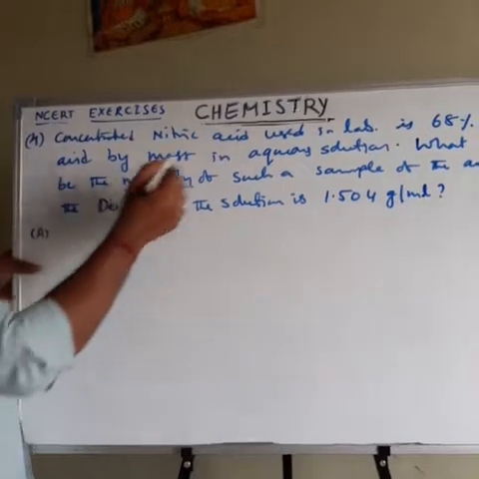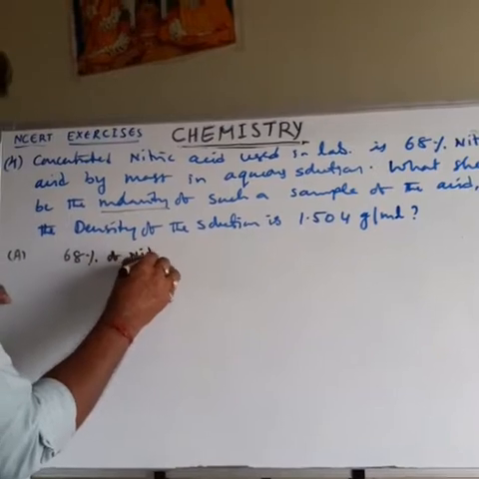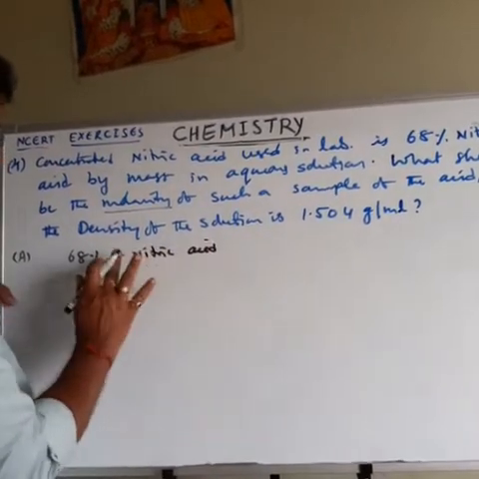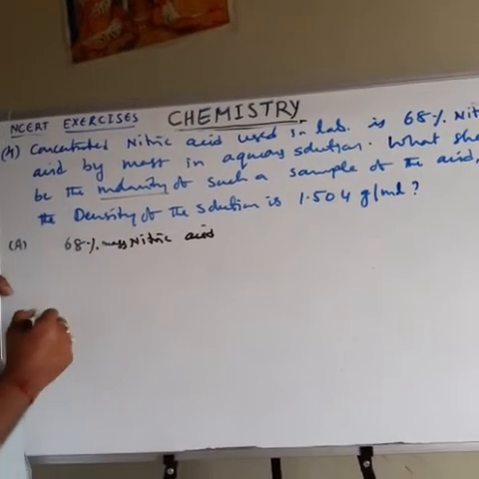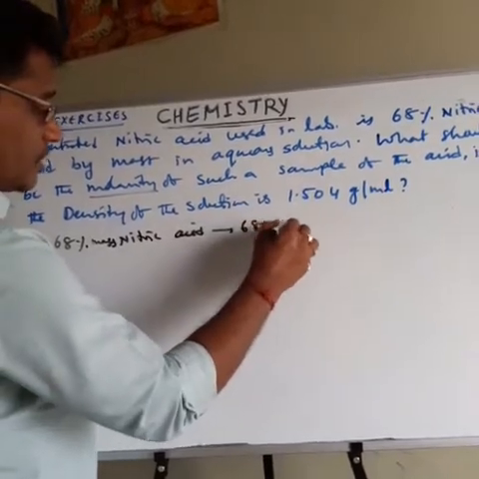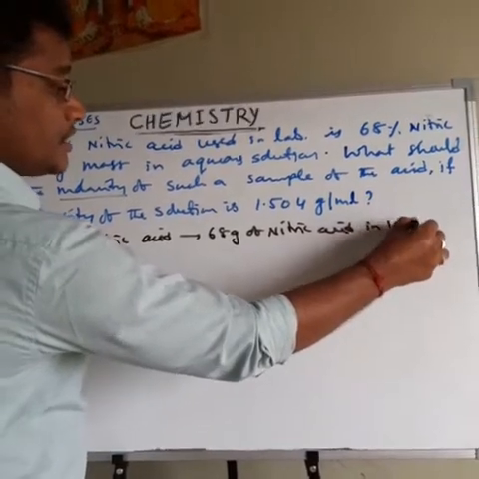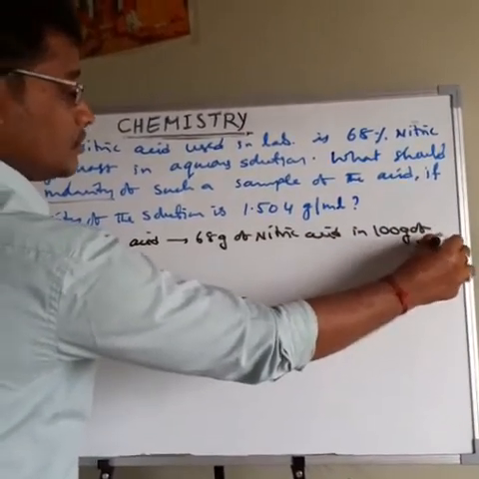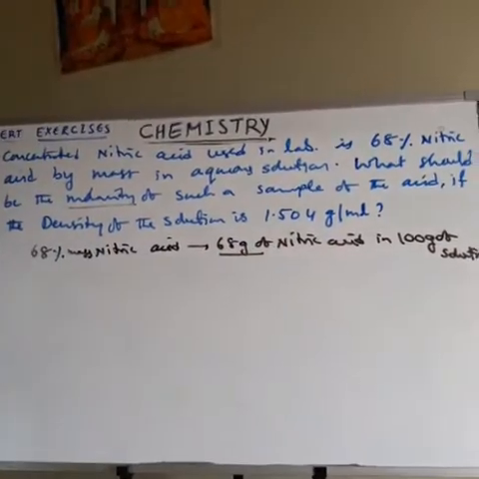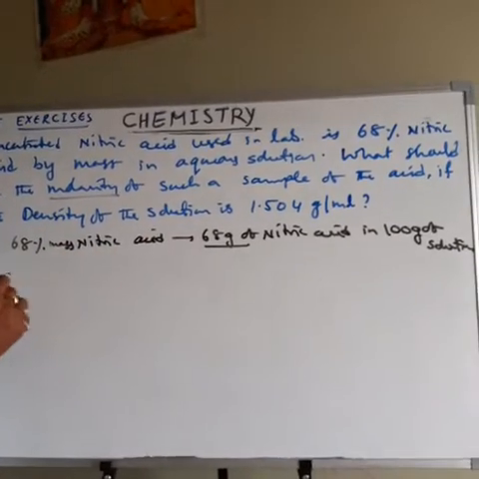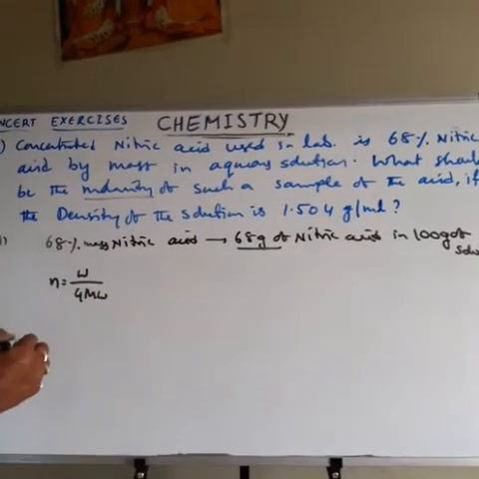For the number of moles, we know 68% nitric acid by mass means 68 gram of nitric acid in 100 grams of solution. So the number of moles is equal to weight of solute by gram molecular weight of solute.